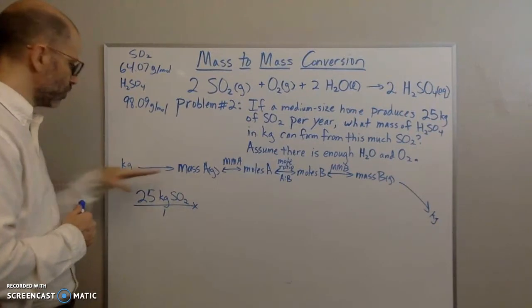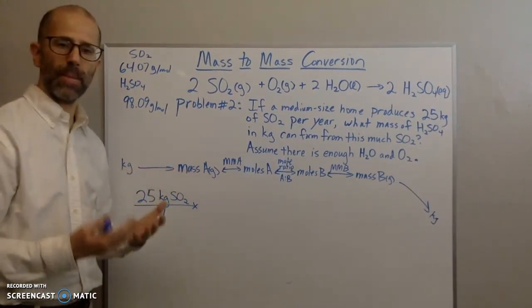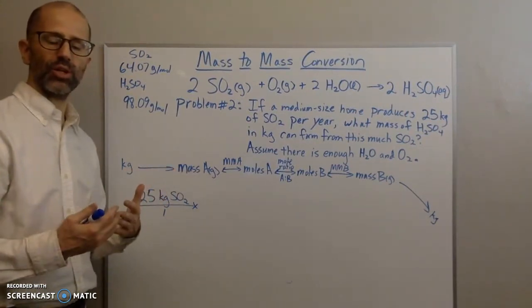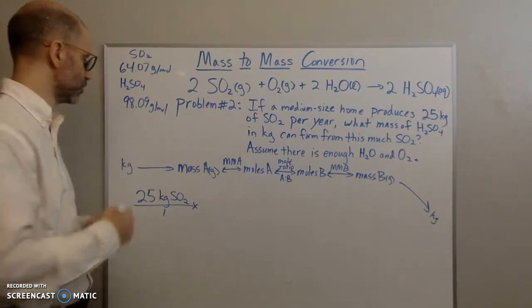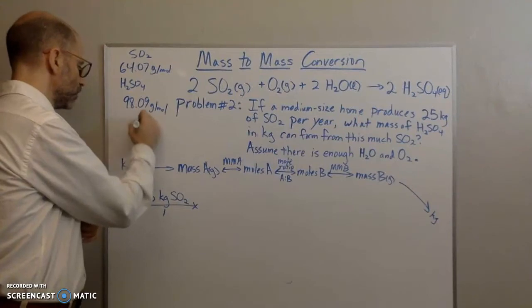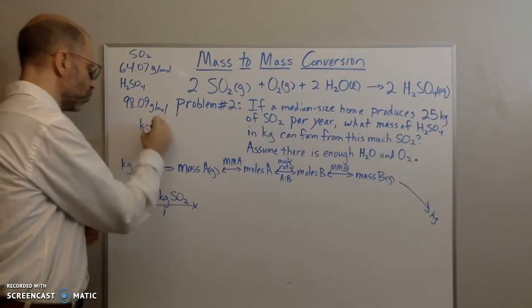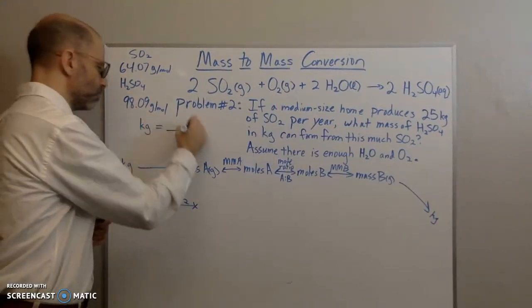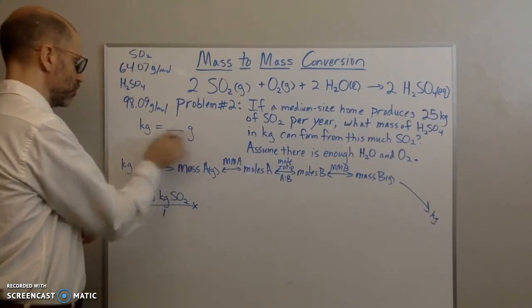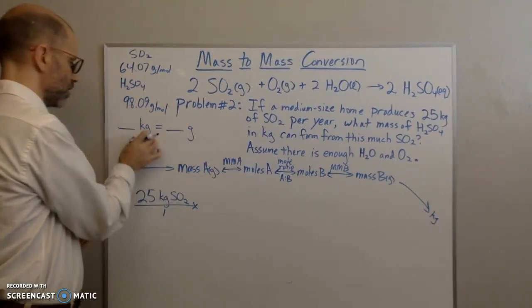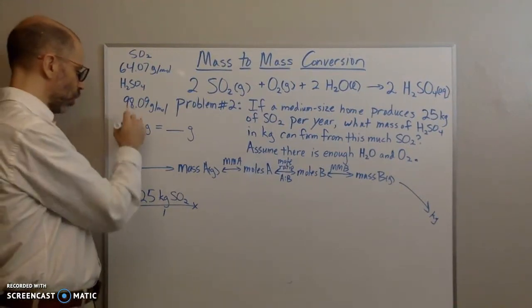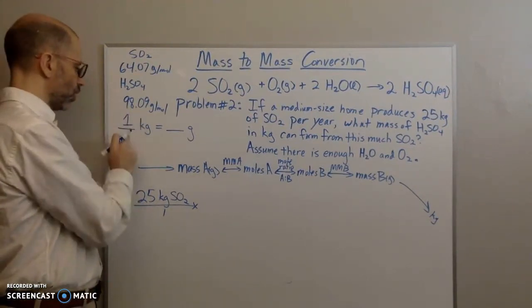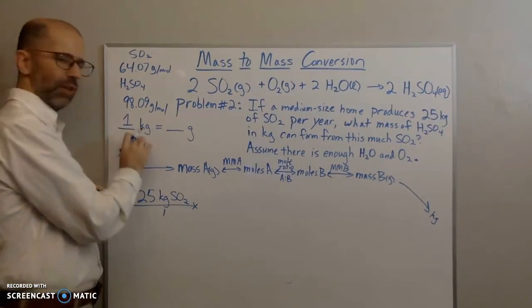So we can go from kilograms to grams using our metric system, and we can use the metric prefixes to figure out what our conversion factor is going to be. Once again, we relate our prefixes. The base unit is going to be related to the prefix, and you always put 1 with the prefix.